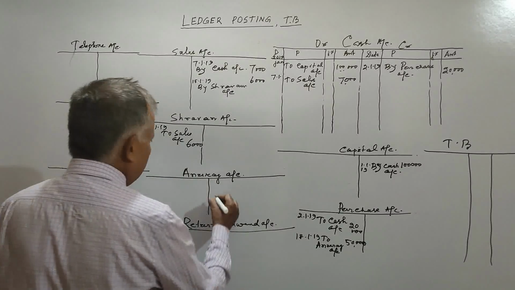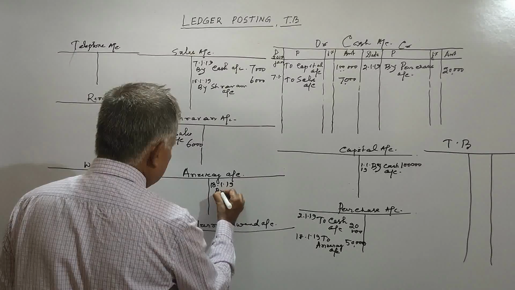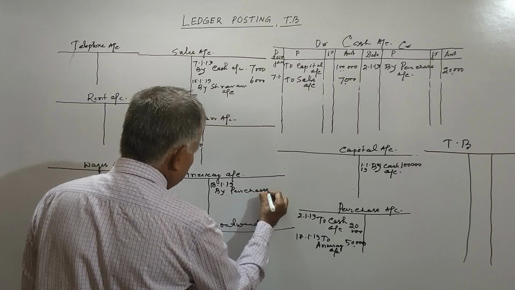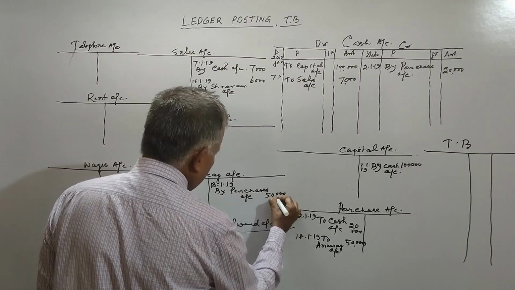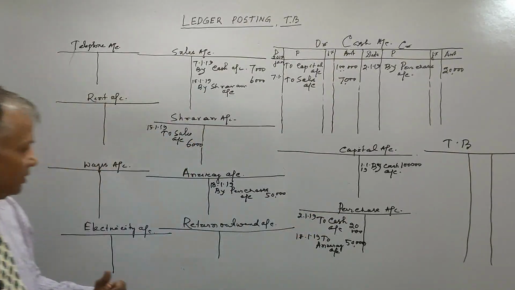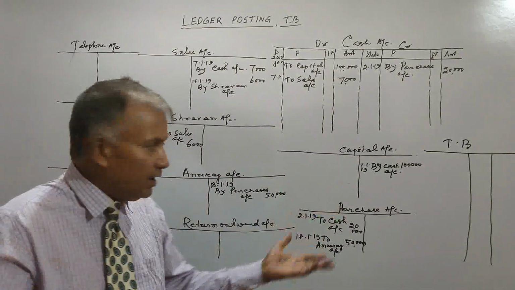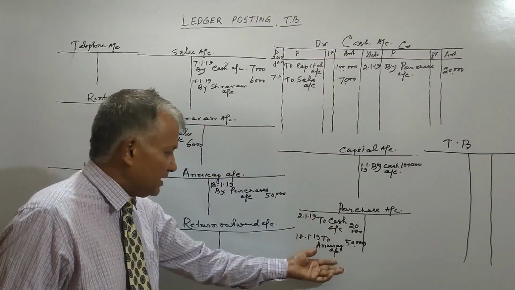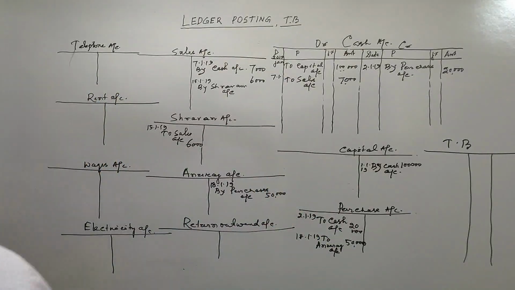In Anurag you take the other account, that is by purchase account, 50,000. Friends, in Anurag I cannot write Anurag, in purchase I cannot write purchase. Write the other account, and the problem will be solved.